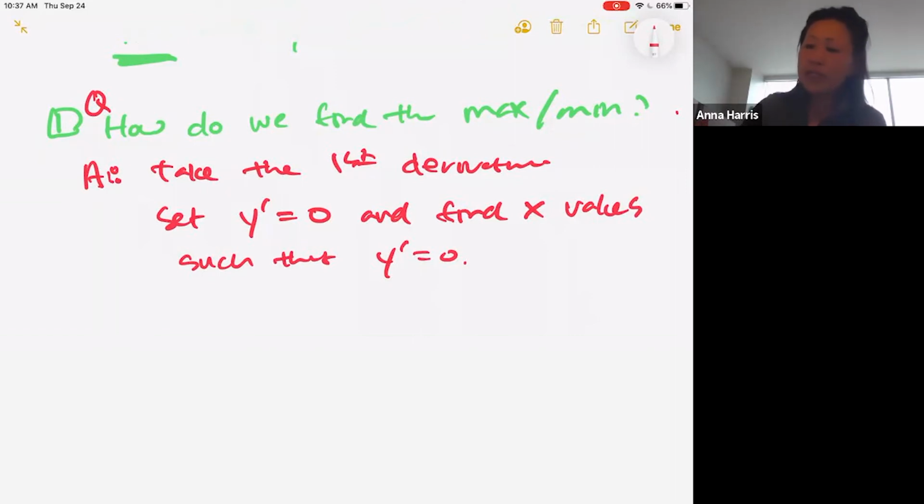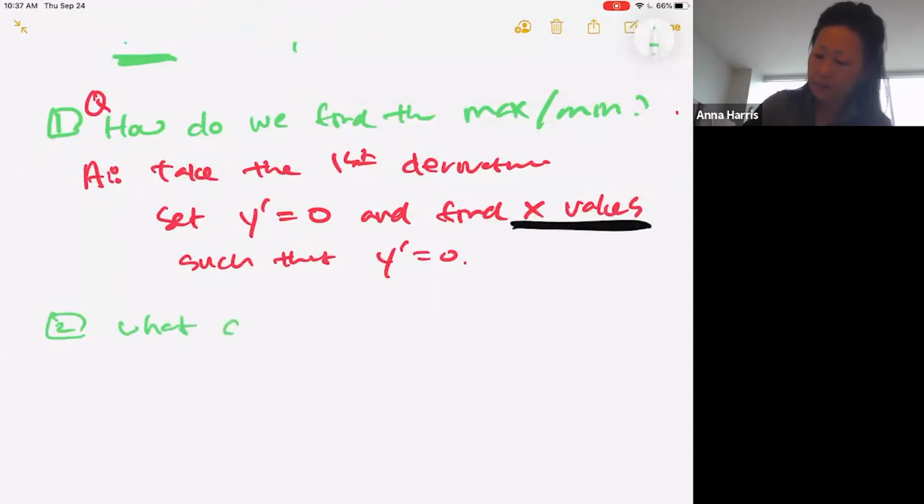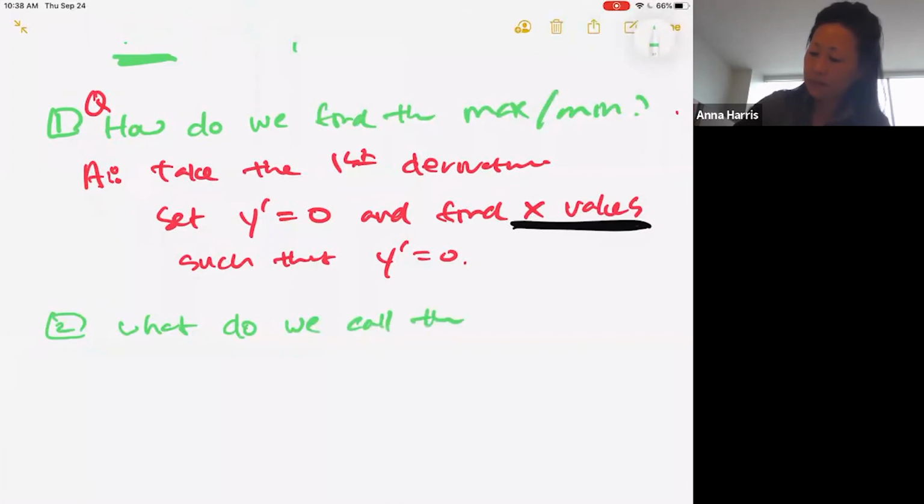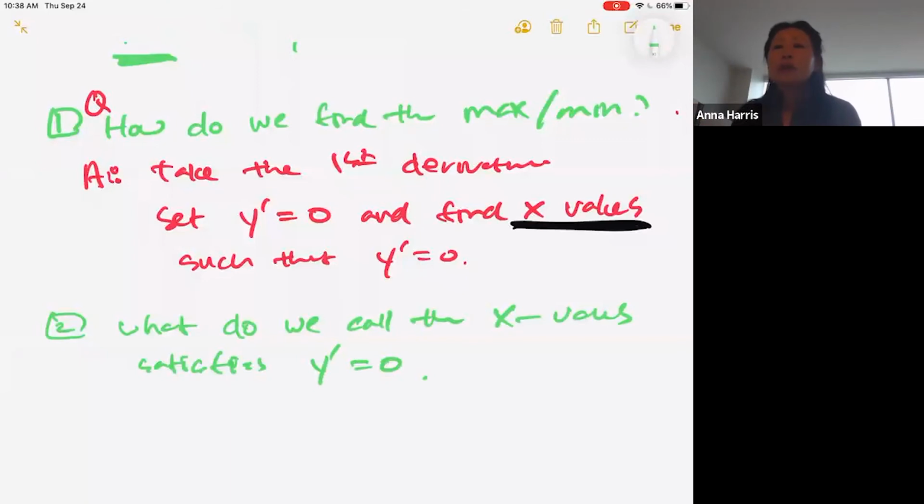Okay, by doing that, what's the special name that x value has? What do you call this special name? The value that satisfies y prime equal to 0, what is that called?